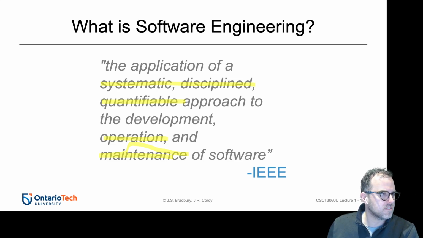Was that a positive? If I don't measure anything, I have no idea. I'm just throwing stuff at the development and not knowing if it's actually helping or hurting. So that's why we need quantifiable. So this idea of systematic and quantifiable in particular, and operation and maintenance being part of development, part of engineering, those are the two things that I really think you take away from this.